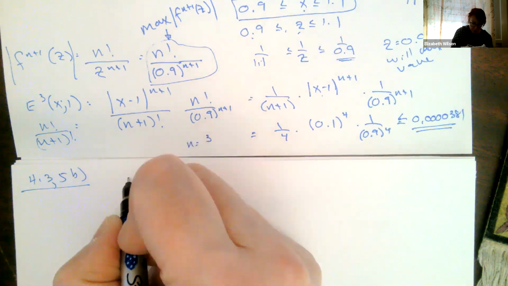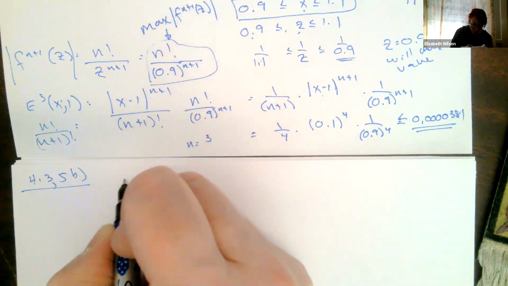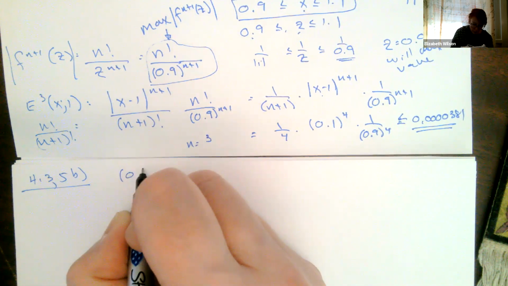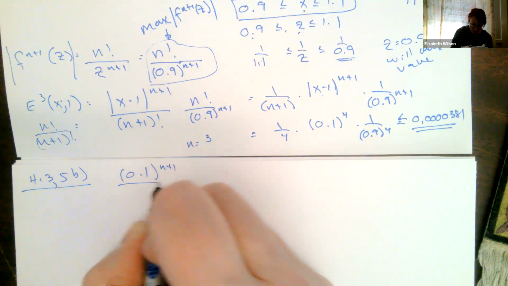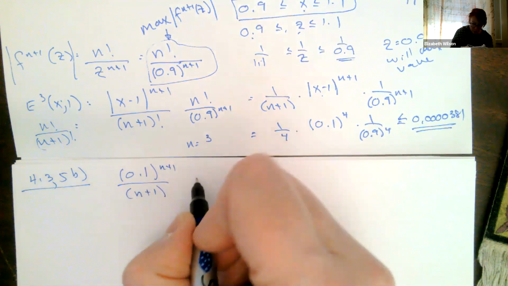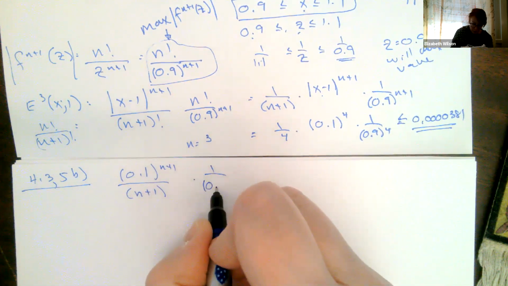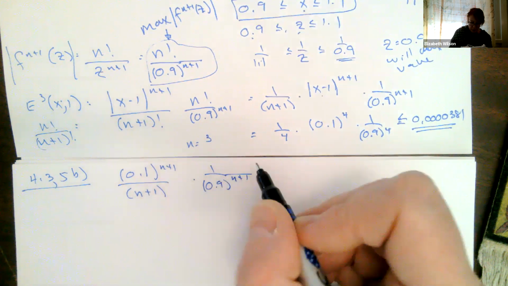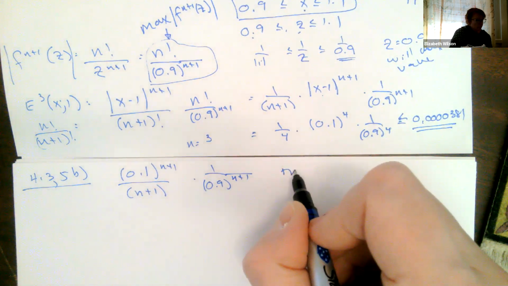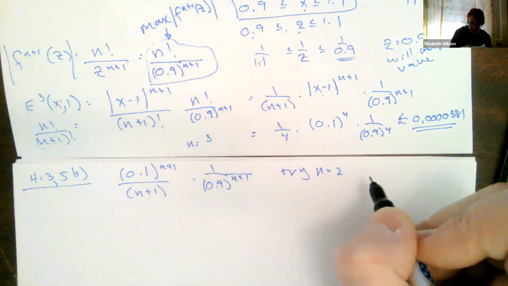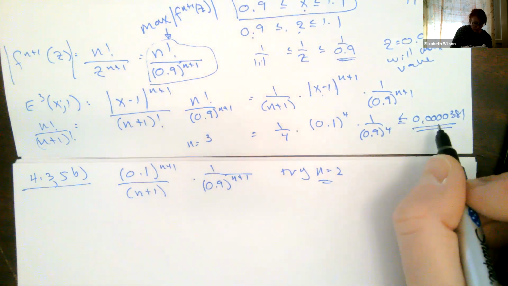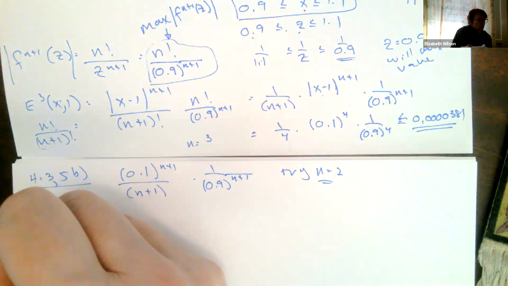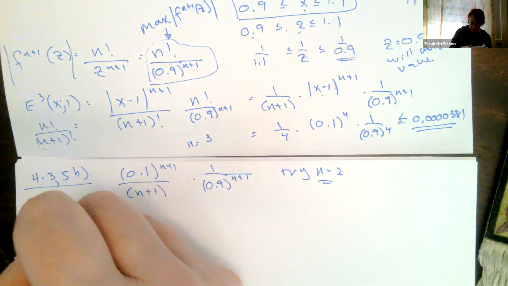So remember we had before, let's plug it in. I had 0.1 to the n plus 1 all over n plus 1 times 1 over 0.9 to the n plus 1, right? So I'm going to try n equals 2 and just see, because this is a pretty small error, because they wanted our error to be less than 0.001.